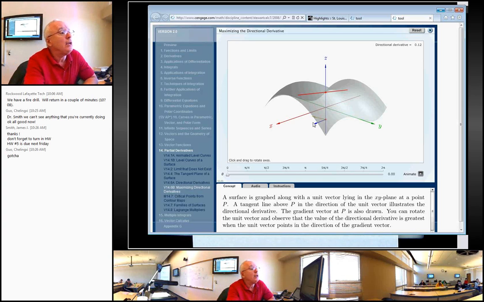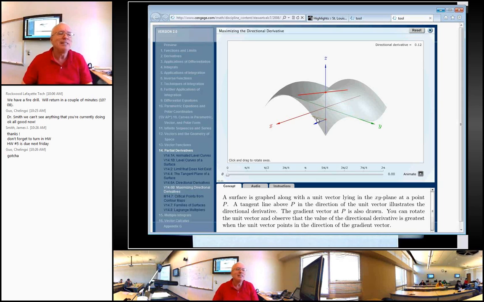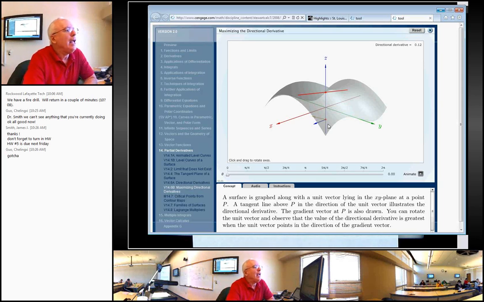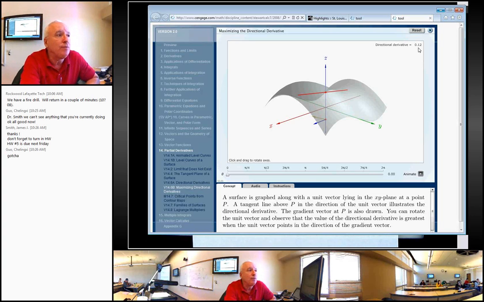This one arrow here that's kind of brownish, that's the direction of the gradient. All right. And this blue vector is what we're going to vary. Now, what we have up here in the upper right is the actual number value for the directional derivative.